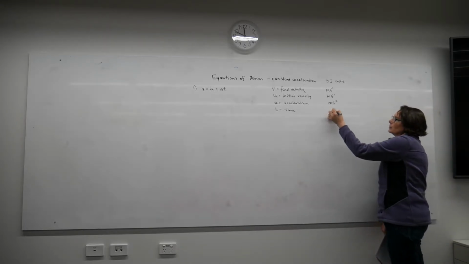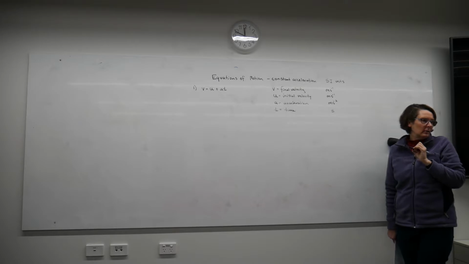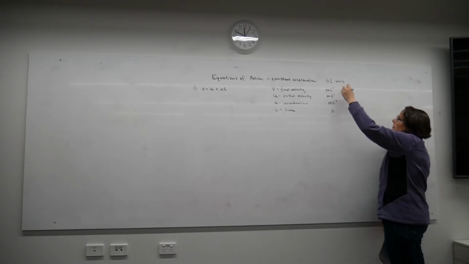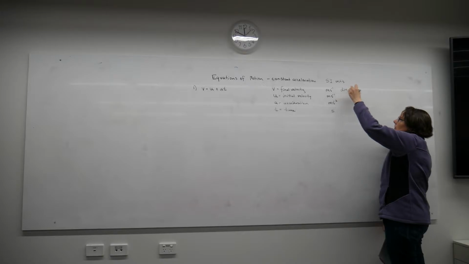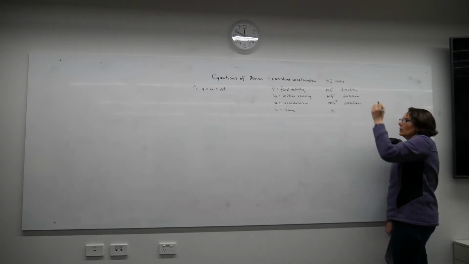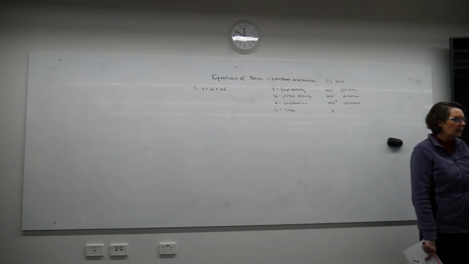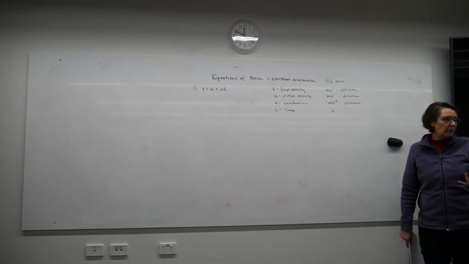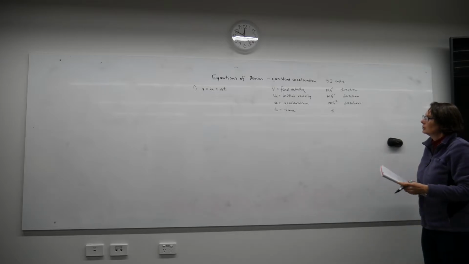And it's probably no surprise then that time is seconds. Remember, we also need direction for our vector quantities, which are velocity and acceleration, but time is a scalar quantity, and so we only need the magnitude, not direction.